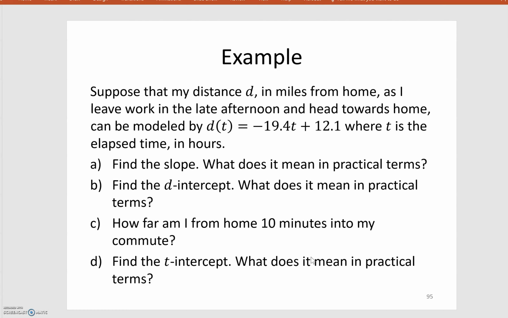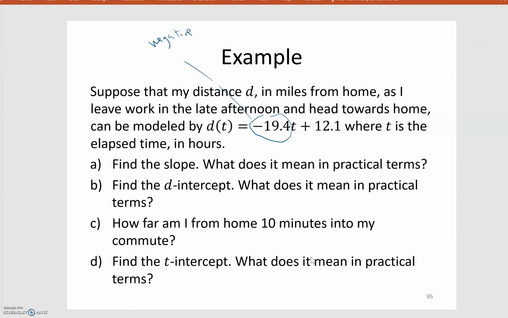A couple of other things. Notice that your slope is negative. Now that makes sense actually, because as time is passing, you're getting closer to home, so your distance from home should be decreasing. So we're going to have a function that is sloping downwards here.